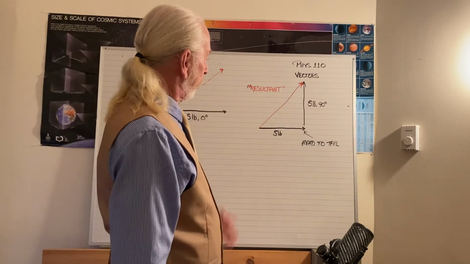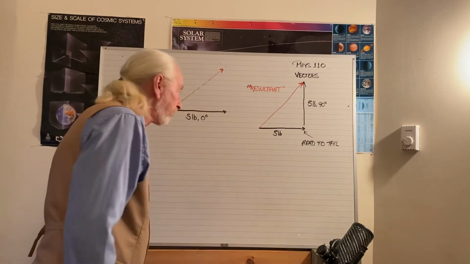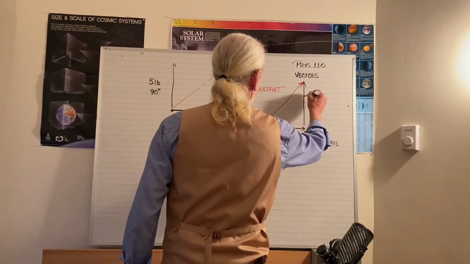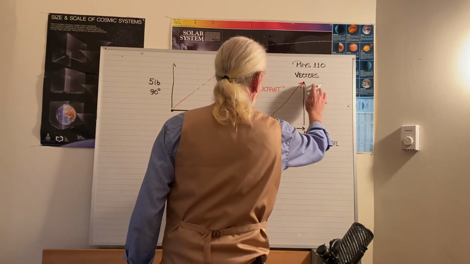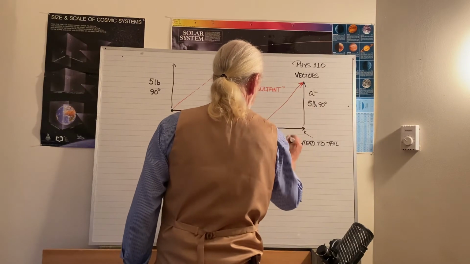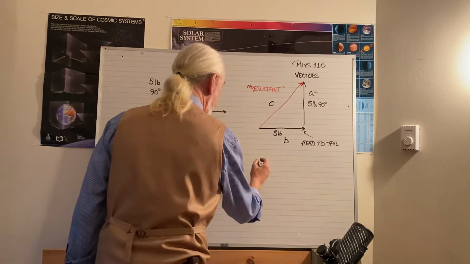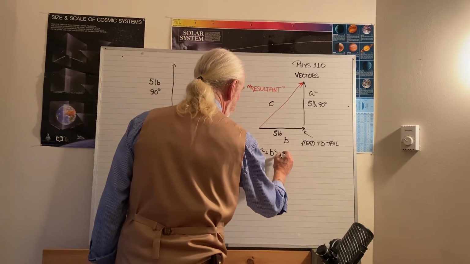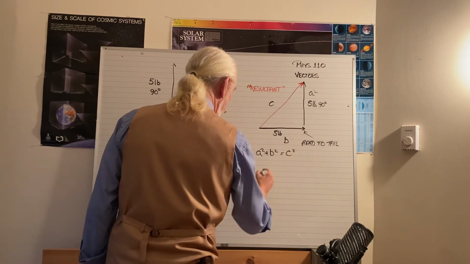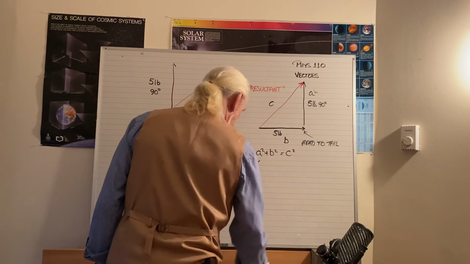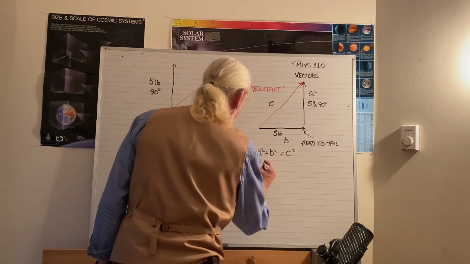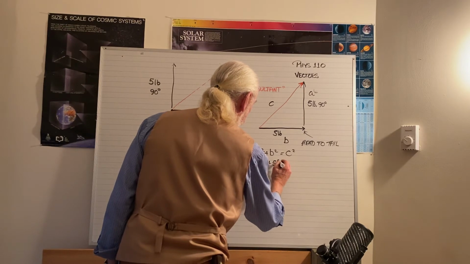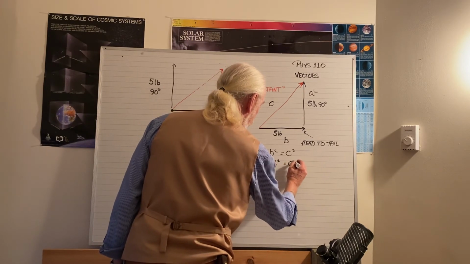So what would be the value of that? Well, we could use Pythagorean. Remember, if this is side A, and if this is side B, this would be side C, then we would say that a squared plus b squared equals c squared, which is 5 squared plus 5 squared equals c squared.